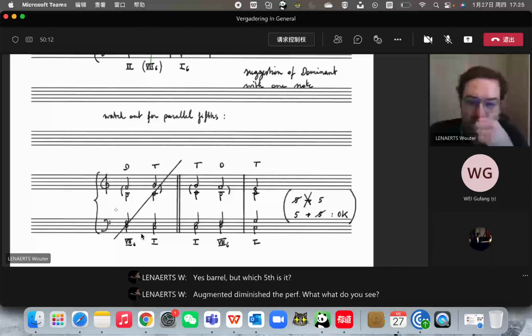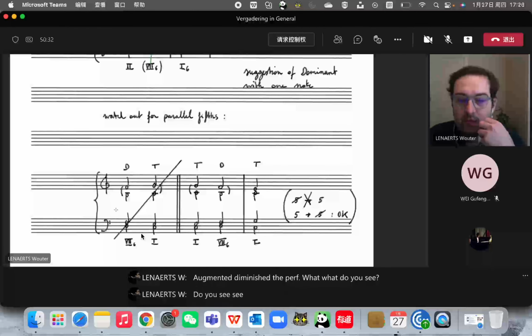The first one is a perfect fifth, and the second is a diminished fifth. Do you see Si, Fa?